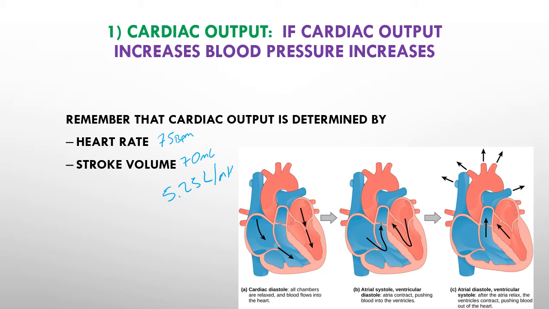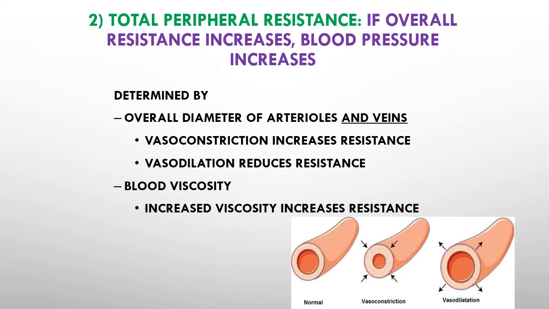The more we have there, if our cardiac output increases, this is potentially going to increase our blood pressure. The more that we're pushing out, especially if we increase our stroke volume, that's going to potentially increase our change in the pulse pressure itself.